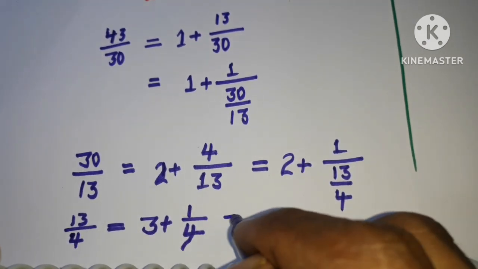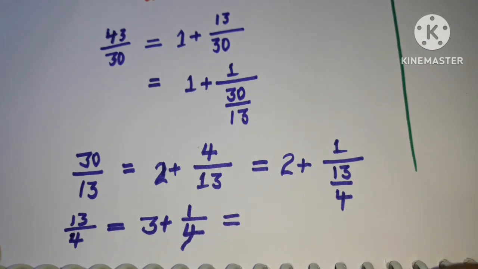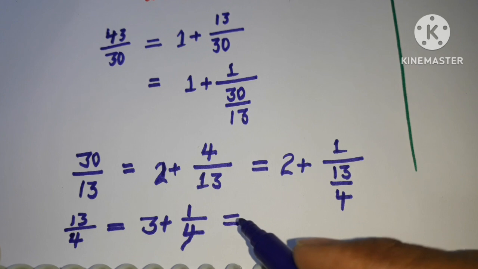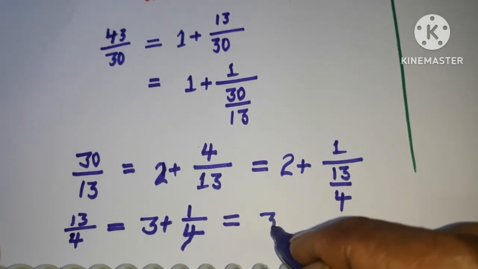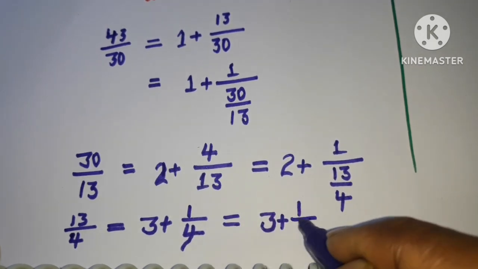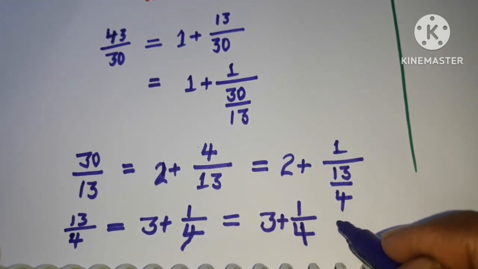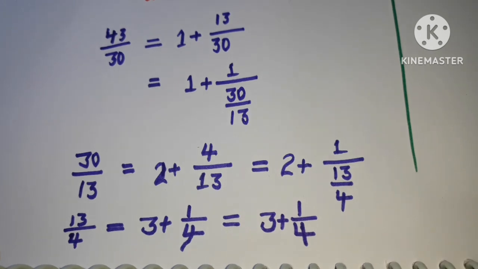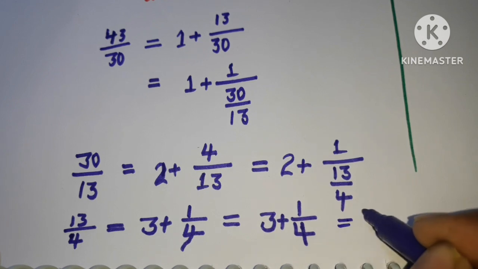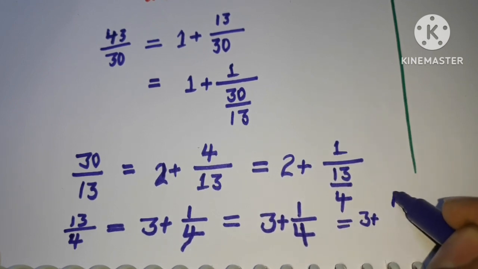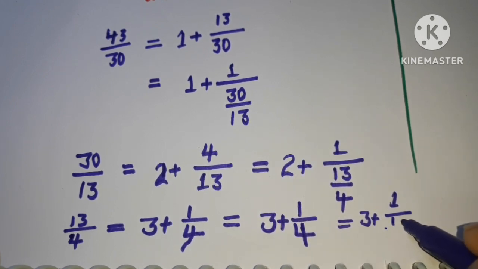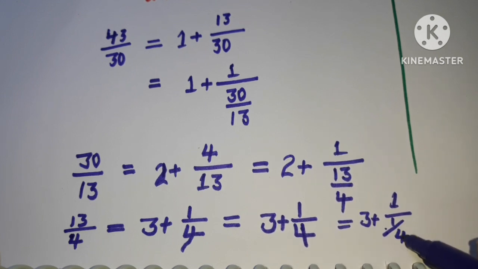On the last we can write 3 plus 1 divided by 1 upon 4. In this way, it is in the form of a rational number.